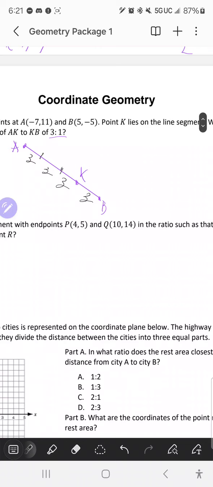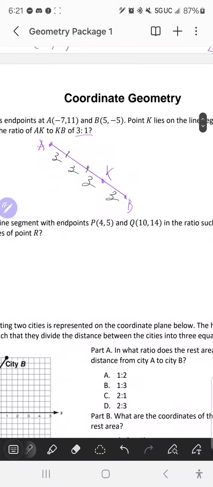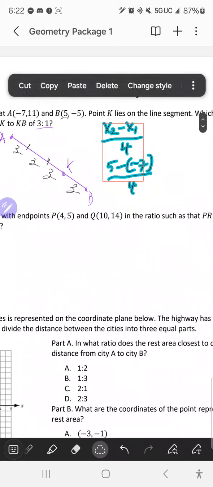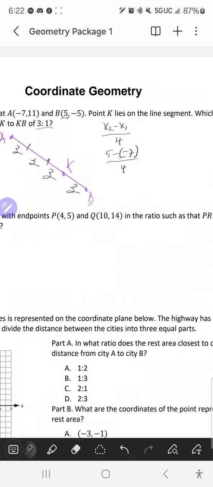Now we basically do the same, but in this case there are only 4 little segments, so we divide by 4. So we have x2 minus x1 over 4, x2 being 5, minus x1, minus 7, divided by 4. They were a negative, so it's the same as adding the numbers, so it's 5 plus 7 divided by 4. This is going to be 12 divided by 4. This is going to be 3.